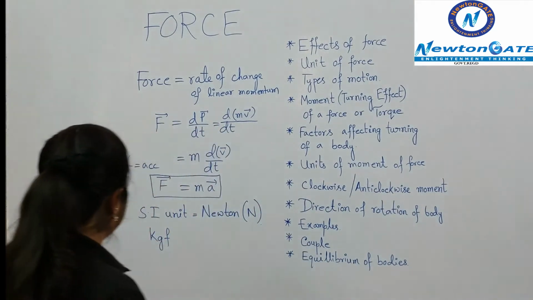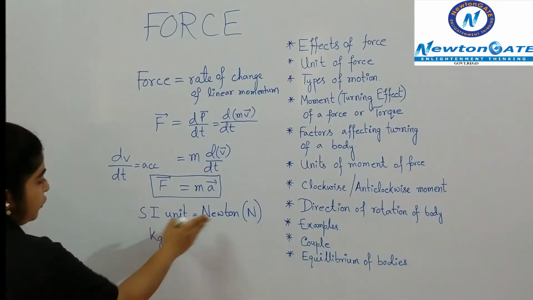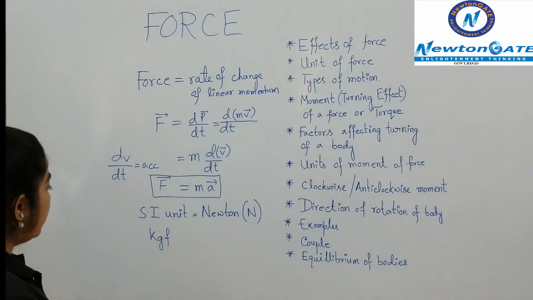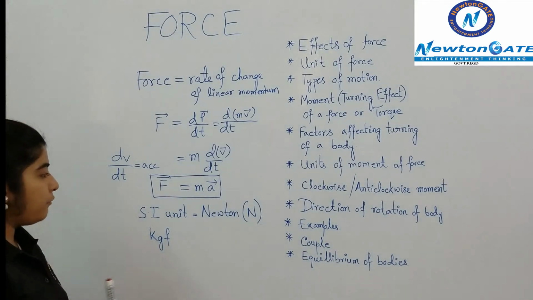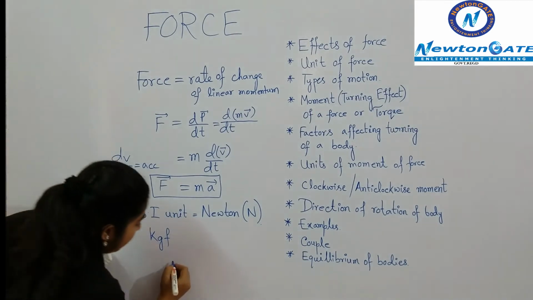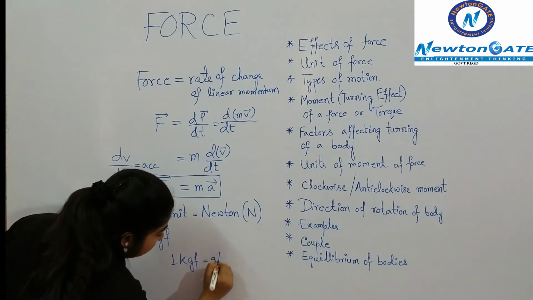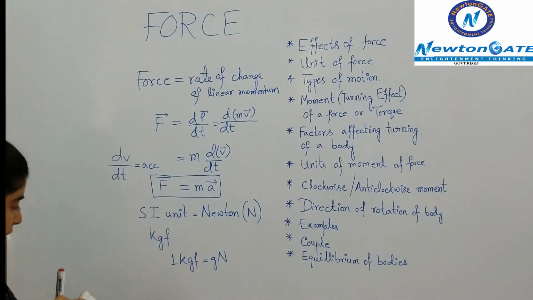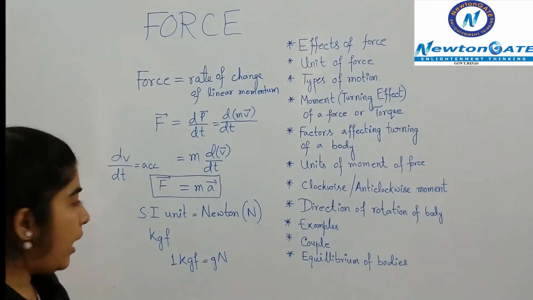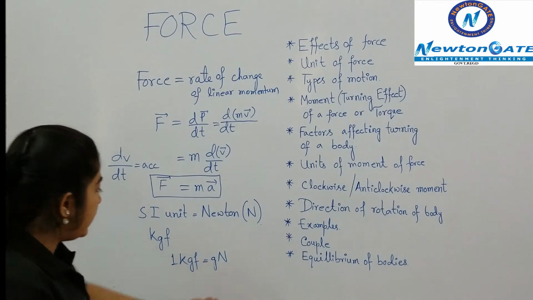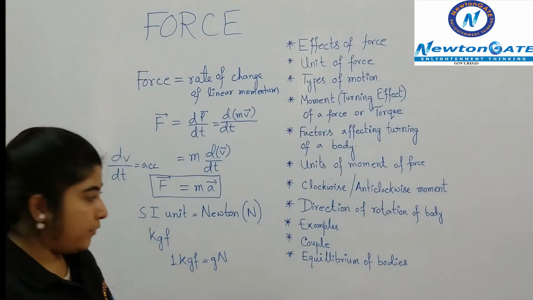If we want to convert this to Newton, then what do we have to do? There is a relation between kgf and Newton. What is that? 1 kgf equals g Newton. Now what is g? g is acceleration due to gravity.